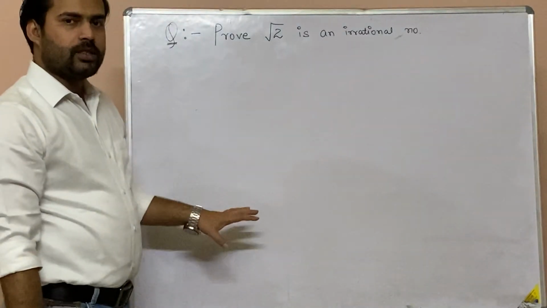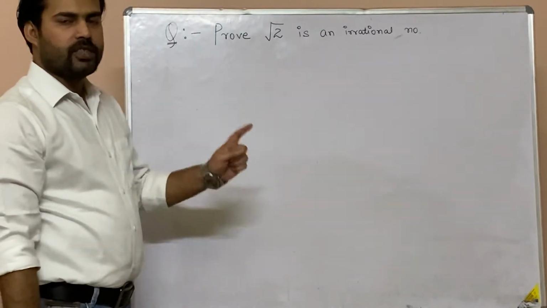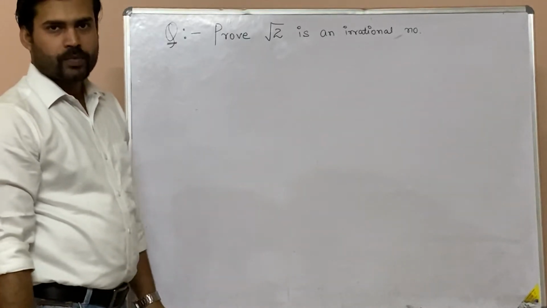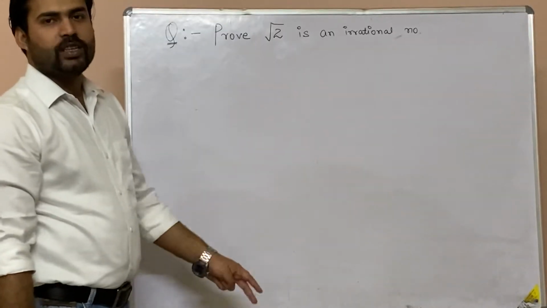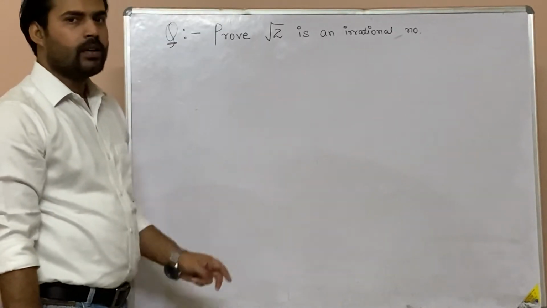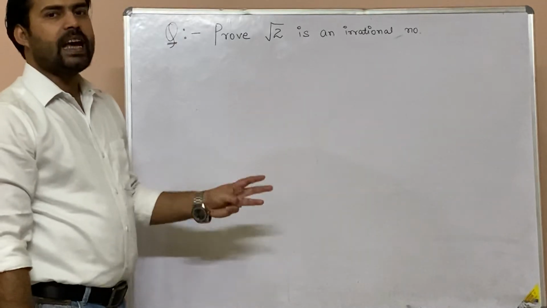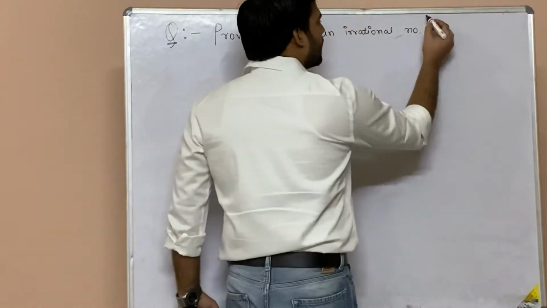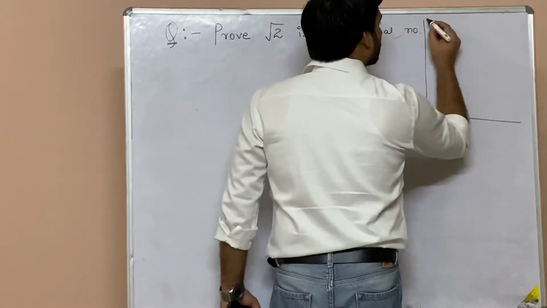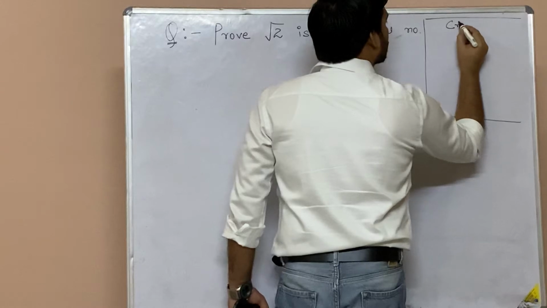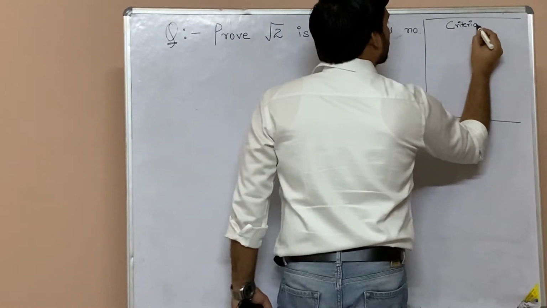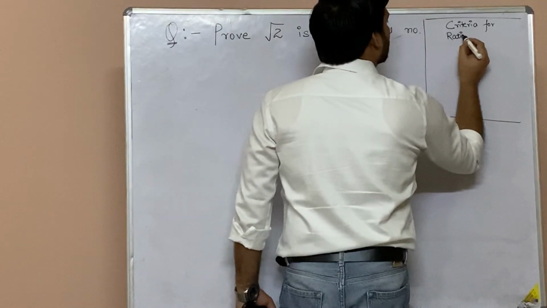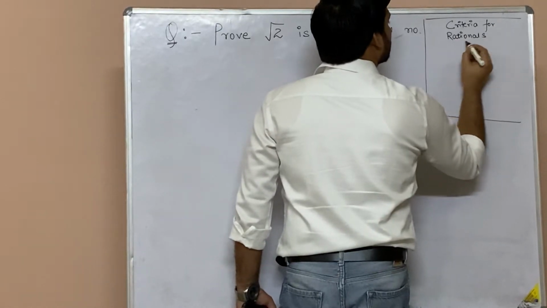Fine. Rational numbers, what are the properties of rational numbers? First property, that it should be represented in the form of P upon Q. Second, where P and Q both are integers. Third, that P and Q are co-prime. I am just writing down the criteria for rationals.